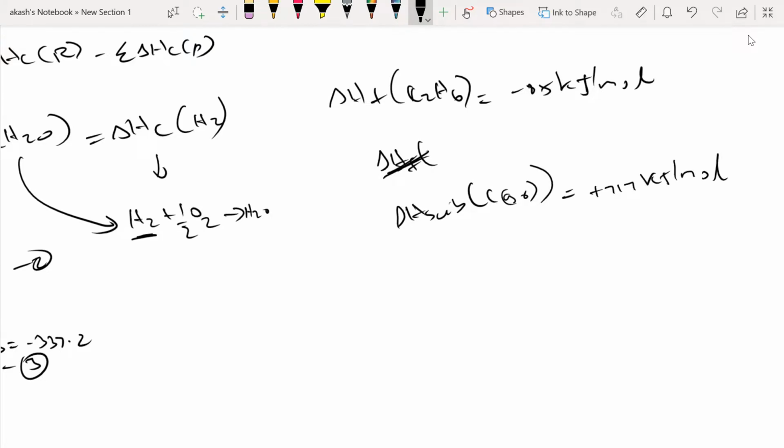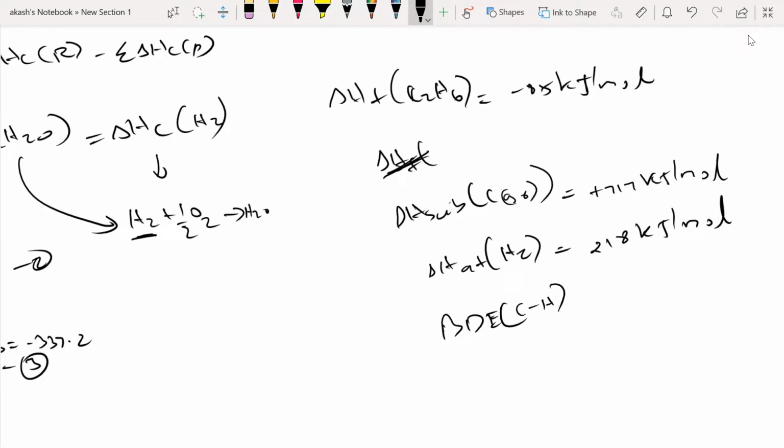And the enthalpy of atomization of hydrogen H2 is given as 218 kilojoules per mole. And the bond dissociation enthalpy of the CH bond is also given to you as 415 kilojoules per mole.